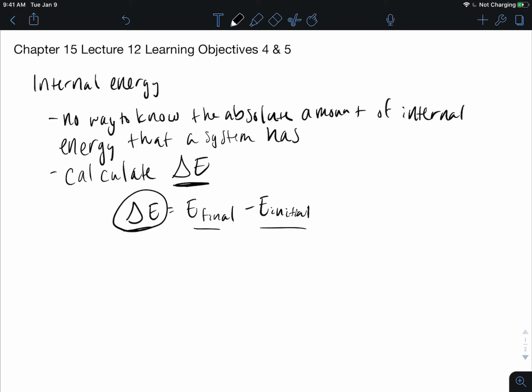Because one path goes all the way around over and over and over again versus one that just goes straight up, they're going to have very different paths. And you could also be like, okay, go up and then back down. That's going to be a different amount of work and heat than if you went around like that.